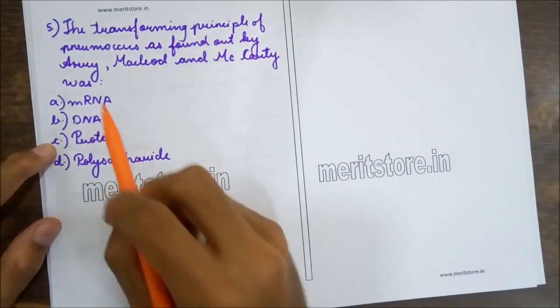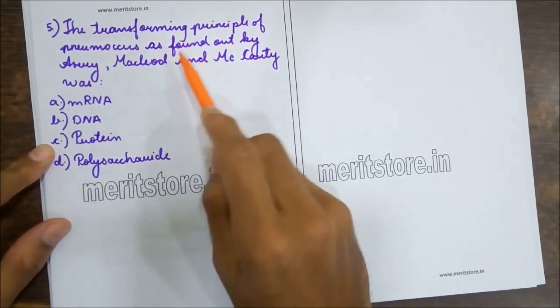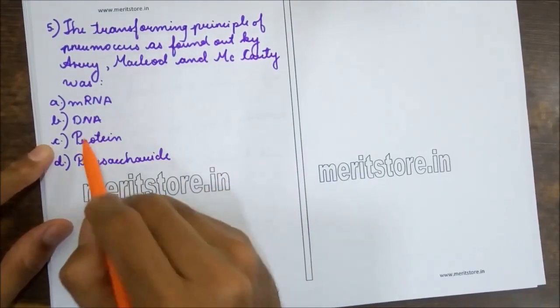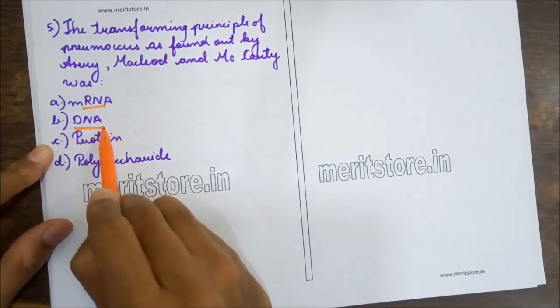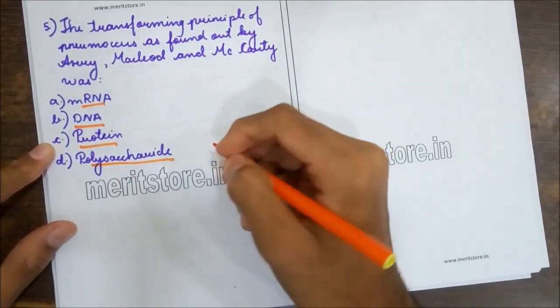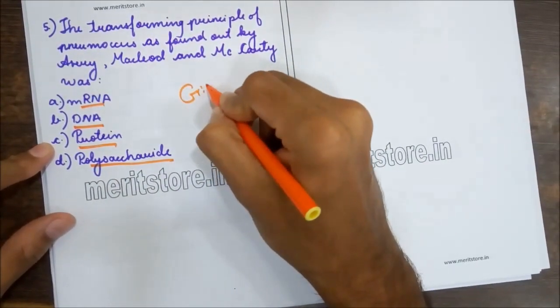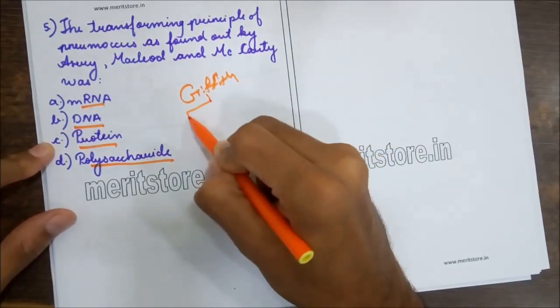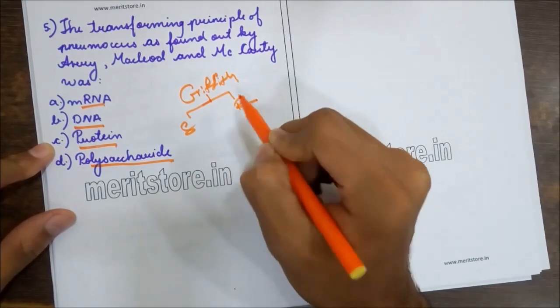Question number 5, the transforming principle of pneumococcus as found out by Avery, MacLeod and McCarty was: option A mRNA, option B DNA, option C protein, and option D polysaccharide. Again the same story of Griffith. He used two strains again, smooth and rough.